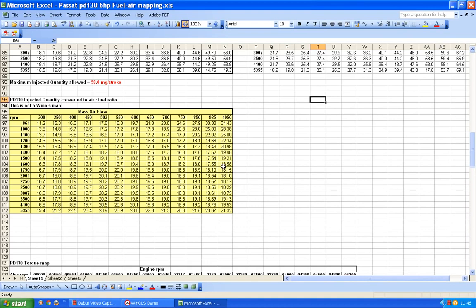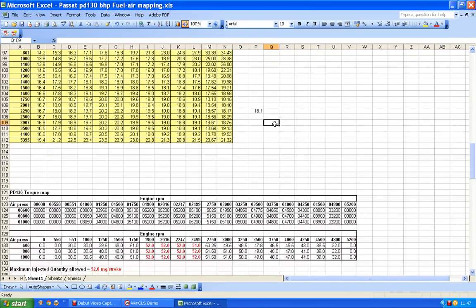So I'm going to say to myself that if I want to change these values across here, a fair value to use would be 18.1. I'm just going to say that's a reasonable number to use. Lots of people use a number of 16 on lots of remapping, so they would use a number of 16. I'm going to use that 18.1 because it's there.